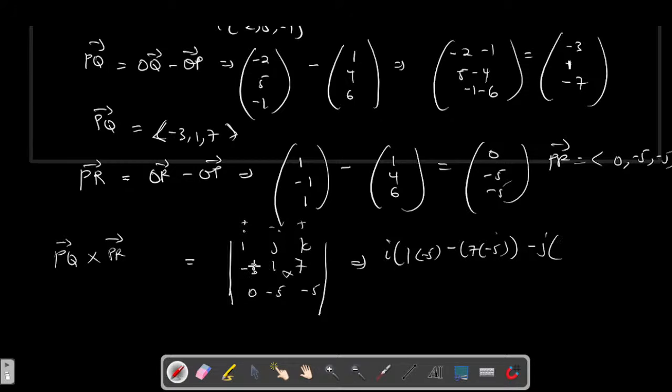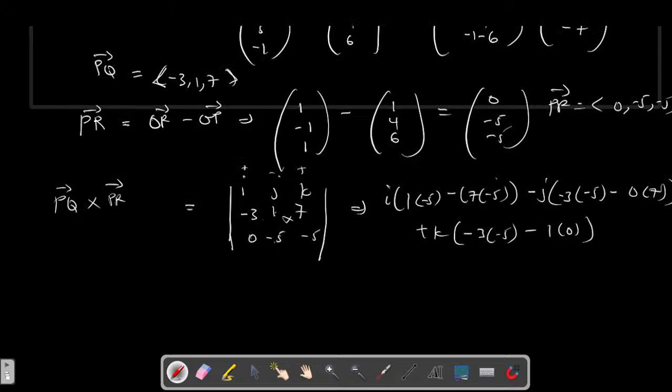So I'll have the 2 by 2 matrix at the ends. So negative 3, 7, 0, and negative 5. So I'll simply cross multiply again. So I'll have negative 3 multiplying negative 5 minus 0 multiplying 7. Then finally plus k. K will collapse all this end. So I'll be left with this and this, right? So I'll have negative 3 times negative 5 minus 1 times 0.